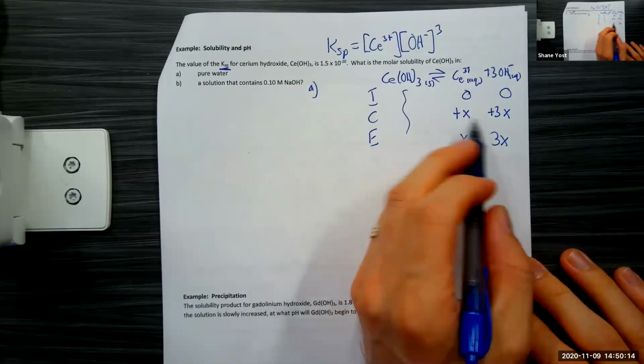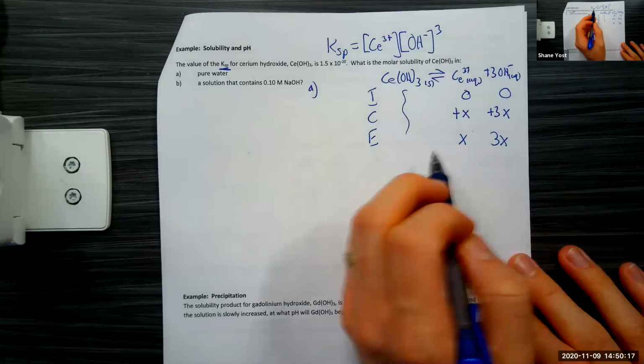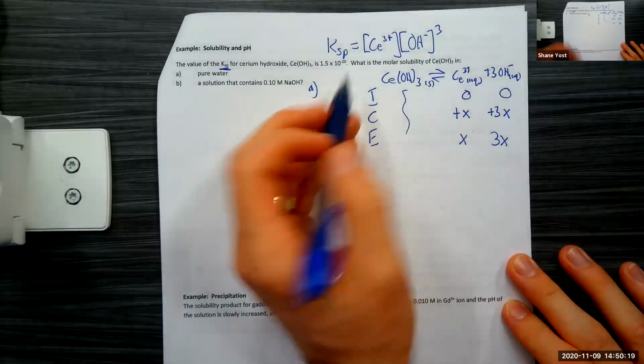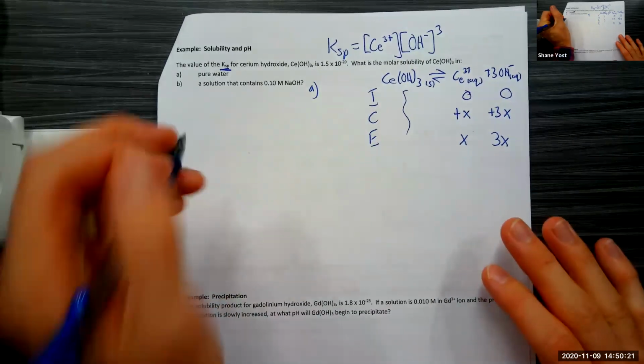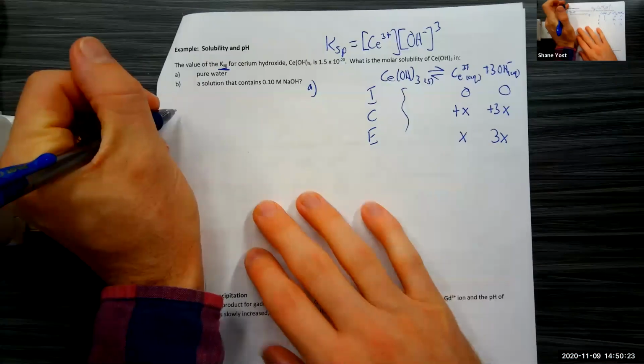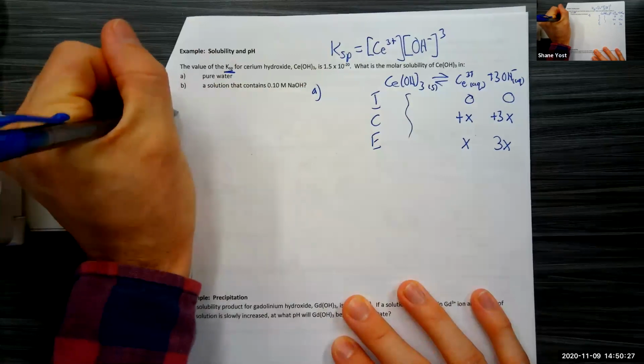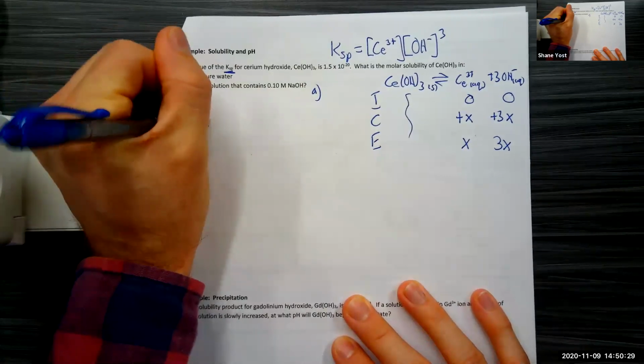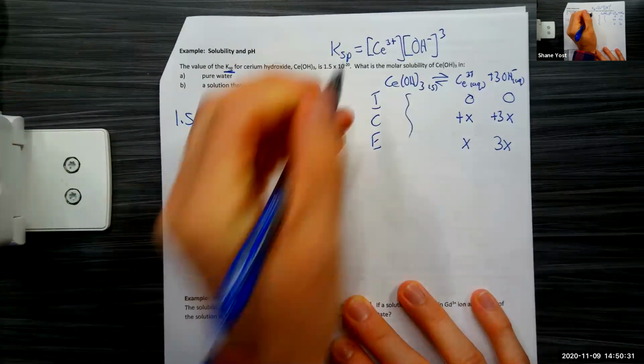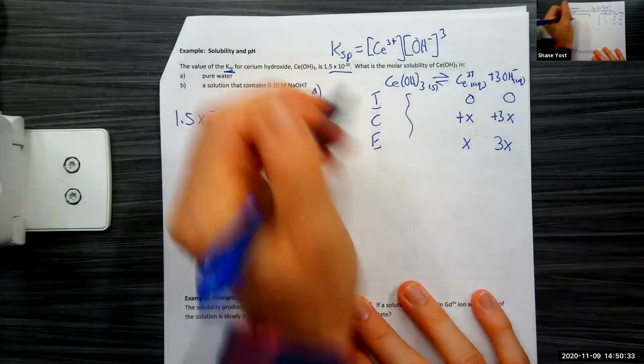So these are my equilibrium concentrations, and I can plug them into my equilibrium constant expression. KSP itself is 1.5 times 10 to the minus 20. That's what we're told.